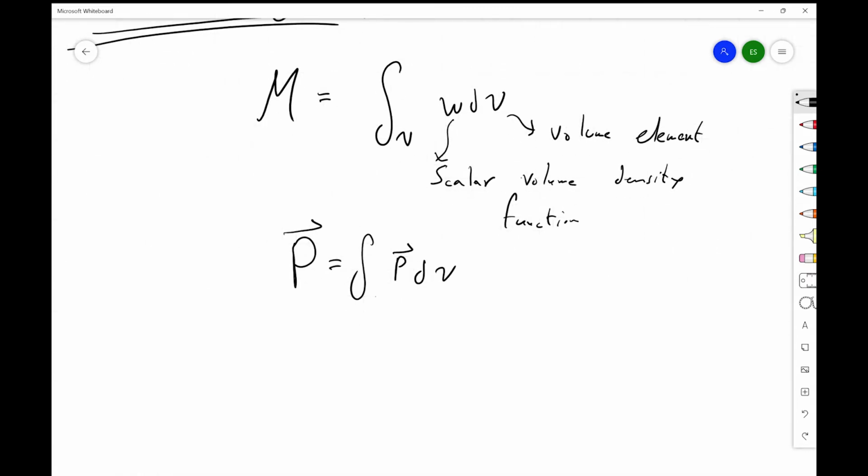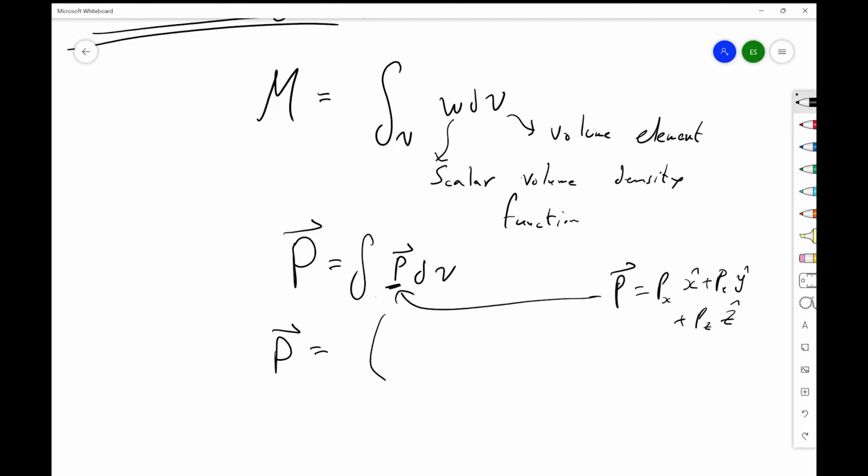So in Cartesian coordinates, capital P I could decompose. I could write P as Px x hat plus Py y hat plus Pz z hat. I can always take any vector and decompose it into its vector components. So doing that, plugging this in, and applying the linearity of integration, I can say essentially that this sort of integral is equivalent to 3 scalar integrals.